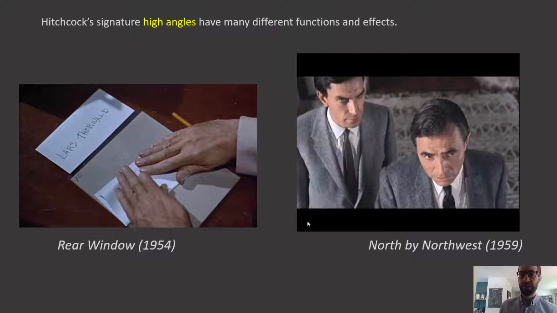What's happening here is that we have a villain in a Hitchcock film played by James Mason, and he's planning on murdering his wife, who he's just discovered has been lying to him. And he says, this matter is best disposed of from a great height, as the camera ascends at the same time.